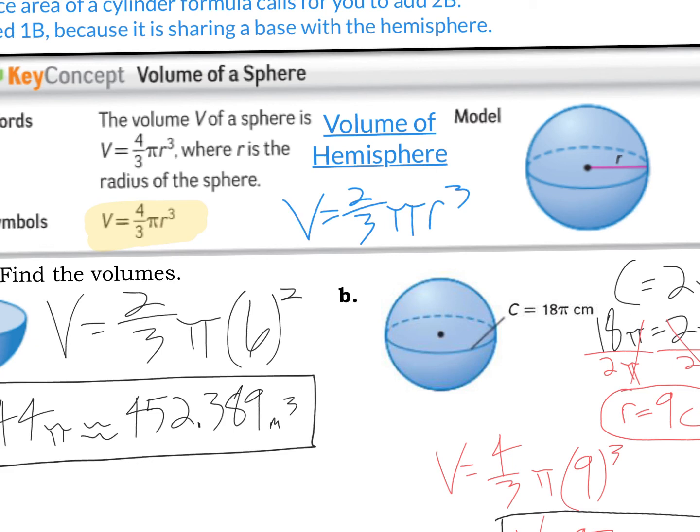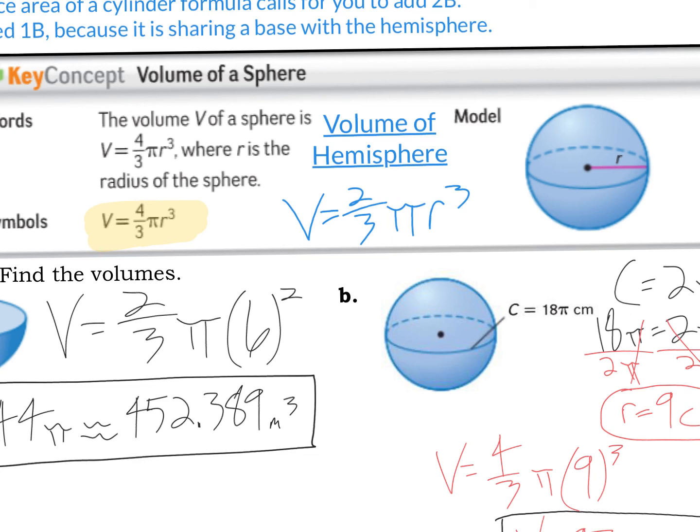So volume is the amount of space that your shape occupies, like on the inside, right? So your inner volume of a sphere is 4/3 pi r cubed. So since you're cubing your radius, all your units will be in cubic units, like cubic centimeters or cubic inches or whatever.